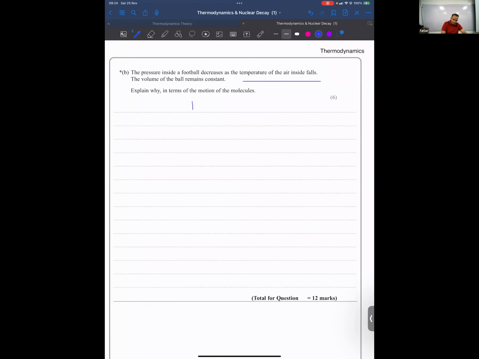Now, when the temperature decreases, according to EK equals 3/2 kT, if the temperature is decreasing, the mean kinetic energy of the molecules is decreasing. Correct. Mean kinetic energy of the molecules decreasing means the mean speed of the molecules will decrease.